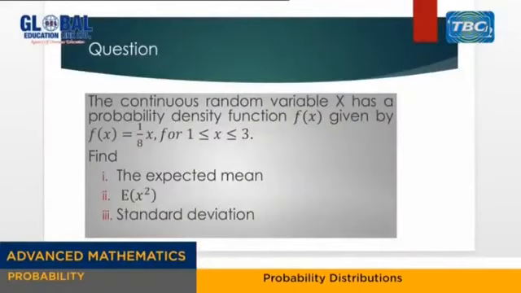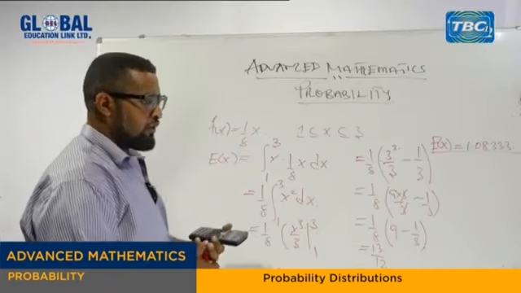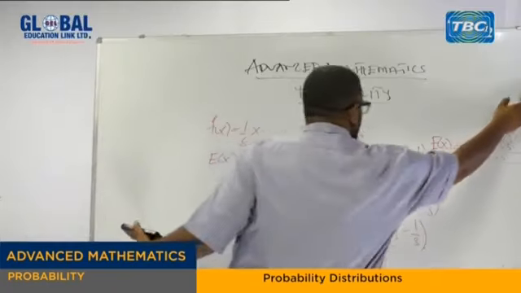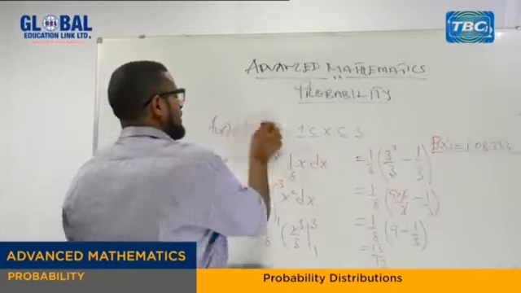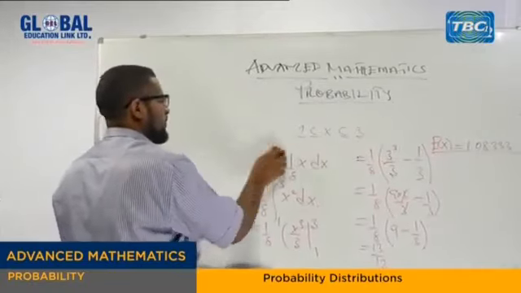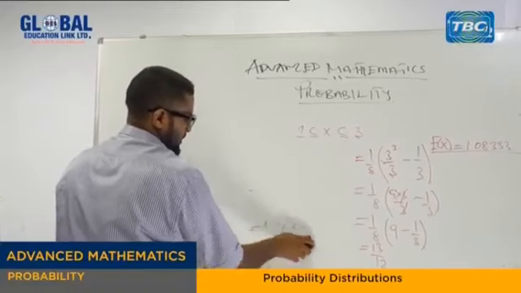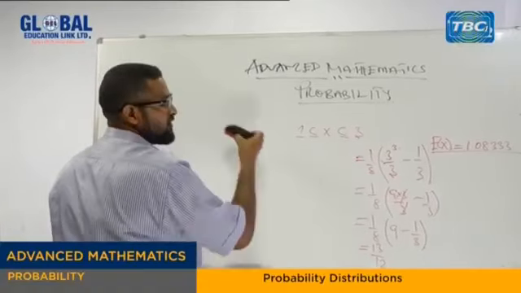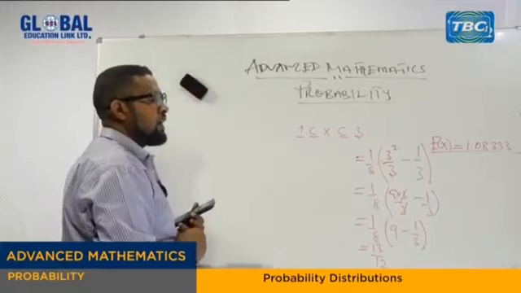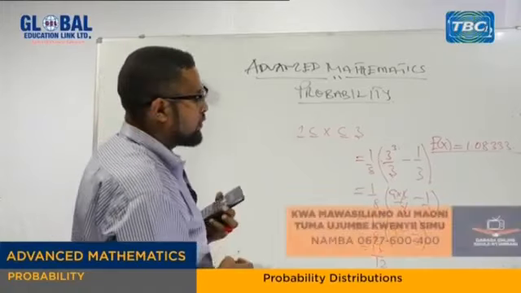My dear student, we are asked also to find the expectation of variable x when it is squared. How are we supposed to do that one? Again, you recall the formula for finding expectation when the variable is squared, but using the same limit from 1 up to 3 inclusive.